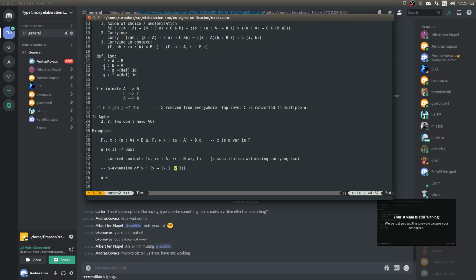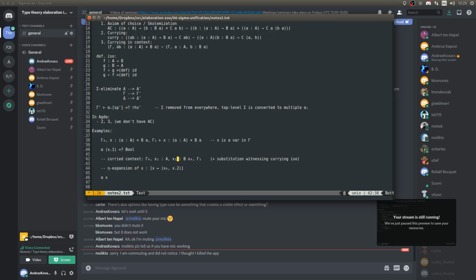I'm sorry, maybe this is a bit confusing, so let's call them x1 and x2 for the first projection and second projection, but now these are not projections, these are actually just variables in the new context.